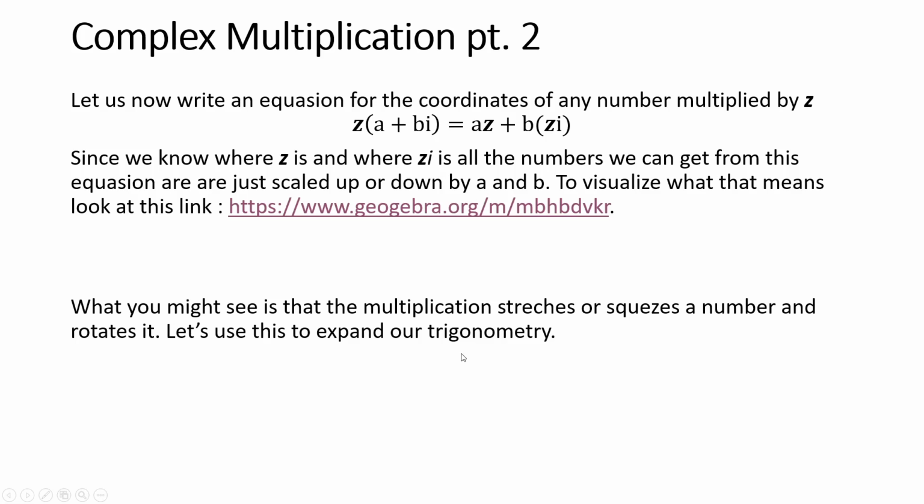So if you think about it, then you can write down an expression for every coordinate of any number multiplied by z. Here we have a times z plus b times zi.